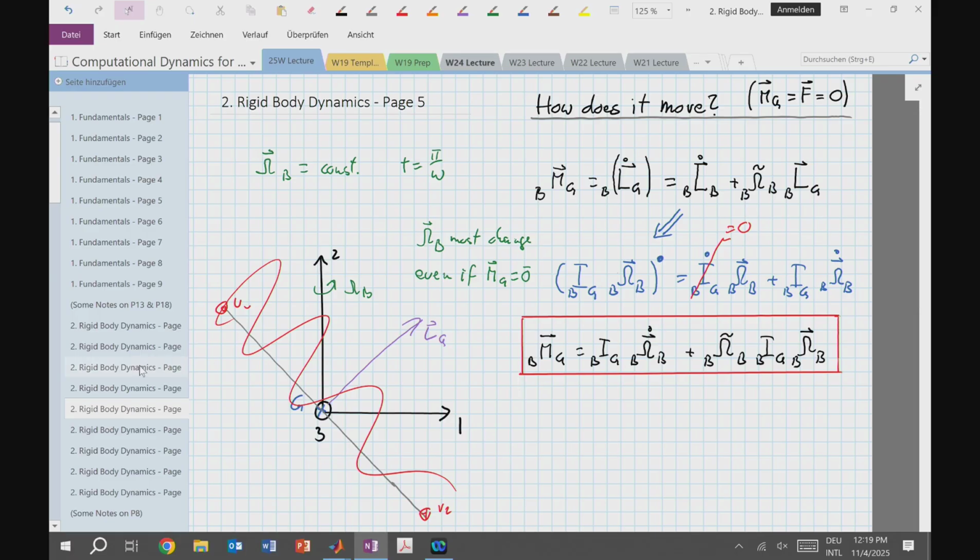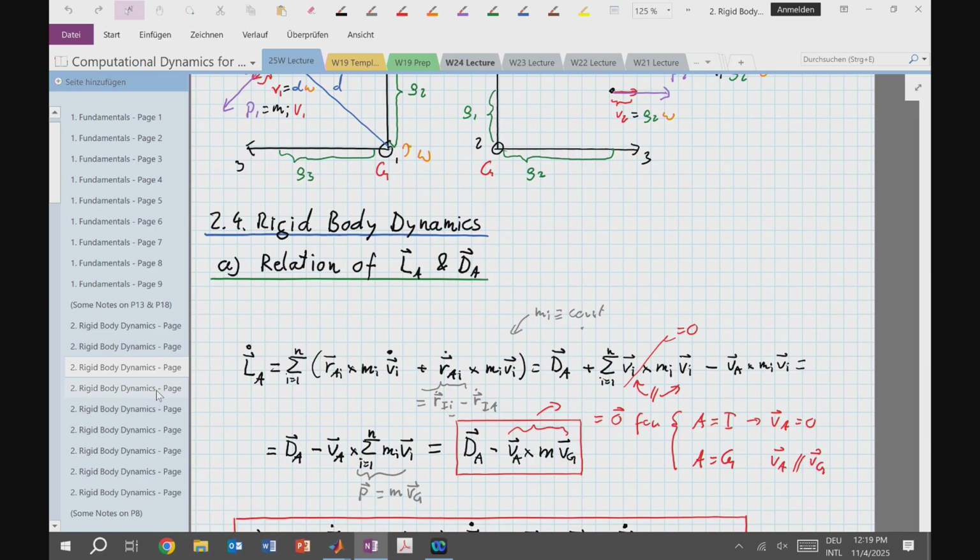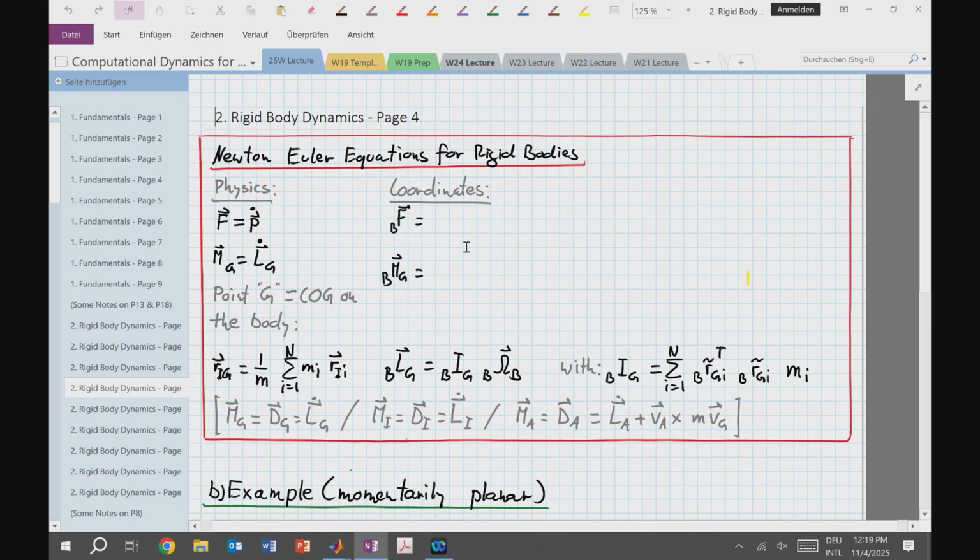So if I go back a couple of pages, I still have to fill in the equations in coordinates. This is on page 4, where in translational motion, things are simple.